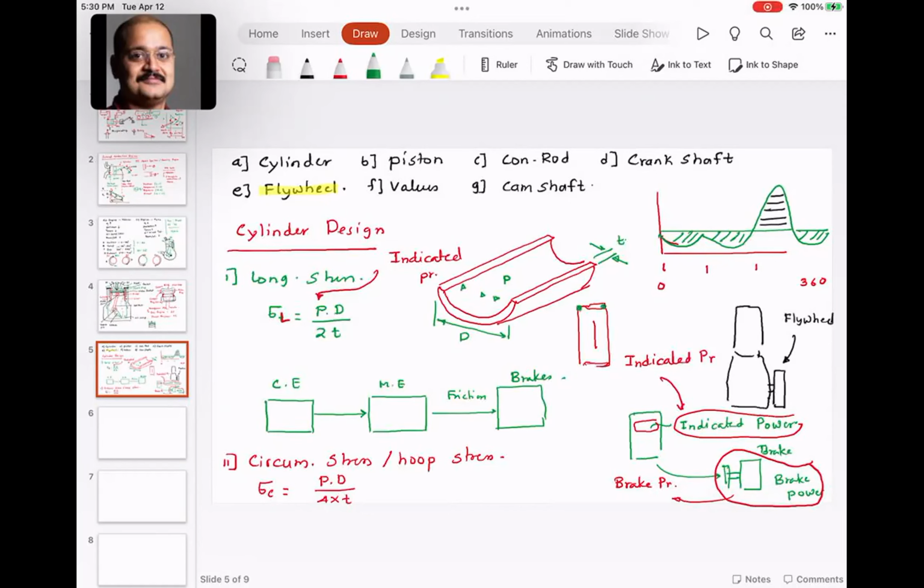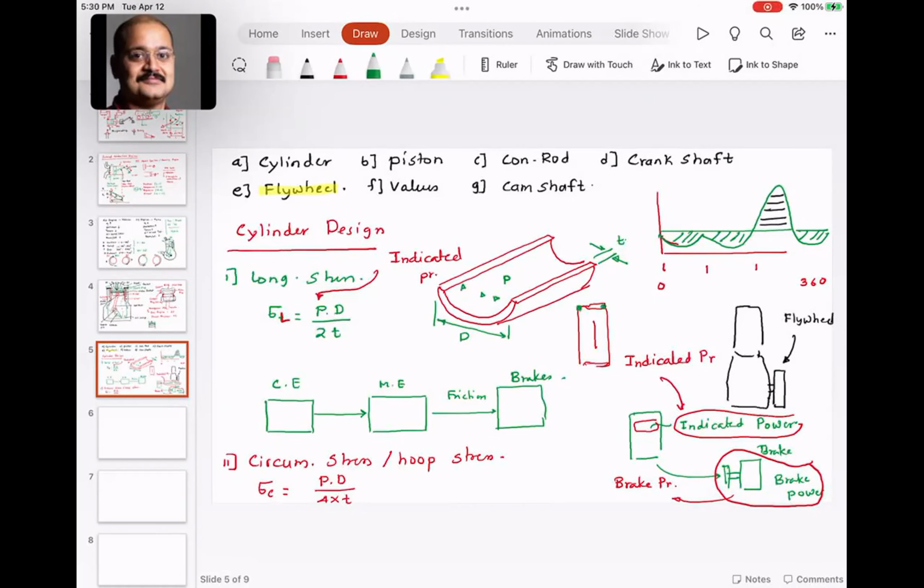Sometimes the thickness is quite large, so then it is considered a thick pressure vessel. The boilers or turbine plants use thick pressure vessels, but for internal combustion engine design, we typically use the thin pressure vessel design.